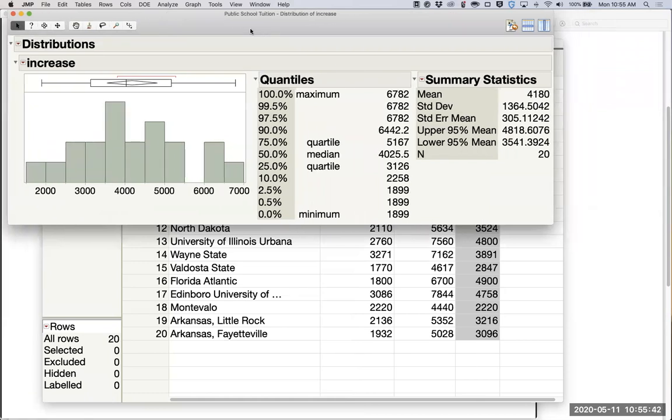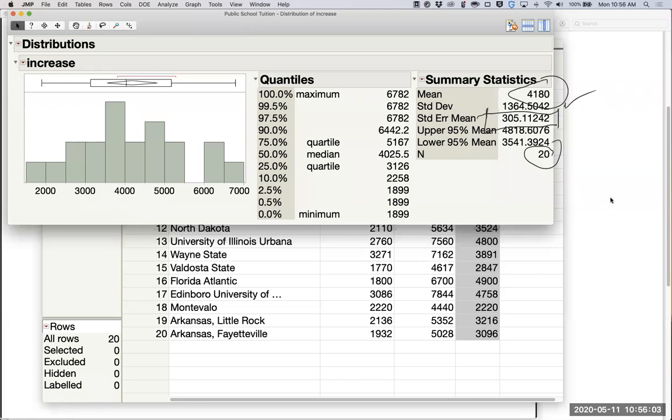There are 20 data points in total, averaging 4180, and the standard deviation is 1364, but as long as we have the standard error, s over root n, we're going to use that.